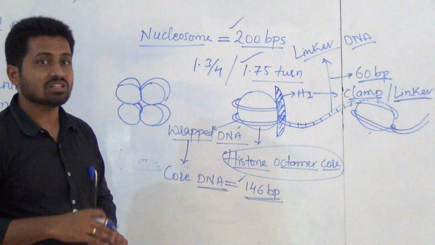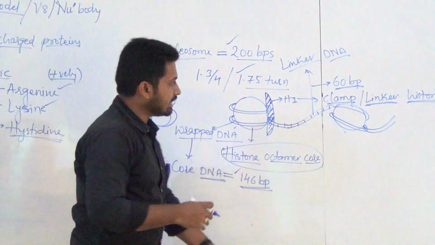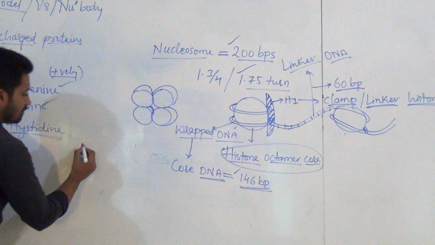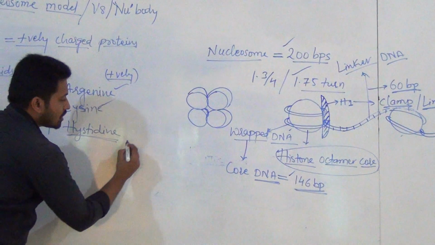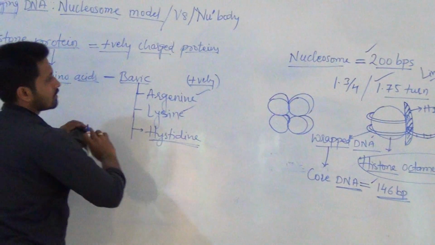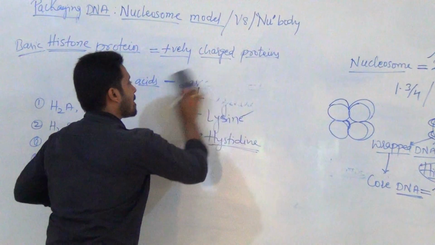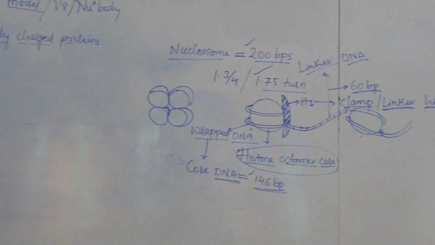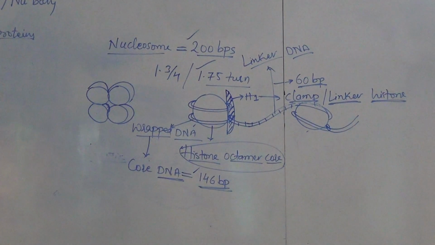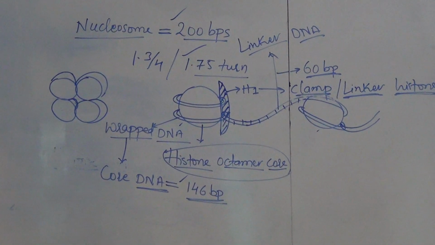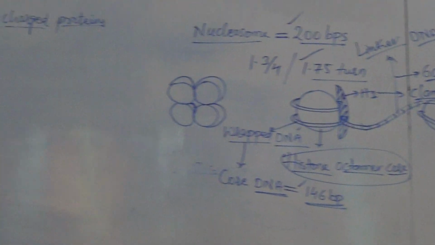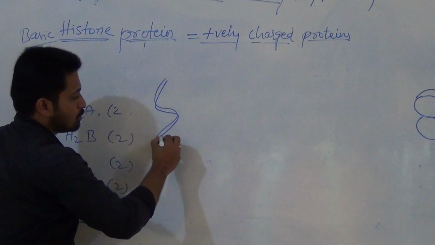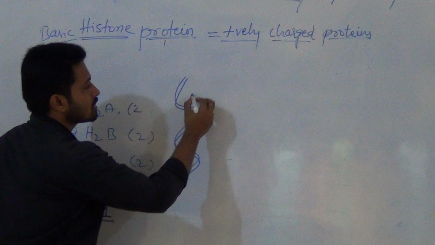Now what happens in the next stage? Like that, the same structure will be there. I will draw here in short. First listen. Suppose this is our DNA, the double stranded molecule. The detailed structure we saw yesterday.